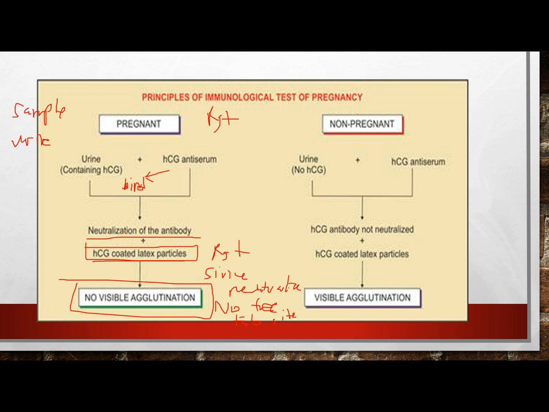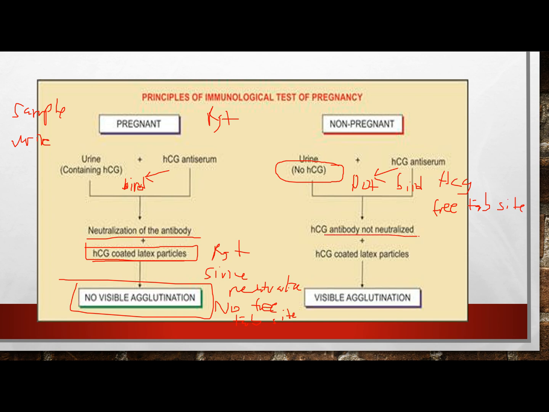What if naman the patient is non-pregnant? So again, if it's non-pregnant, you would use your urine. But this time, if you're not pregnant, there's no HCG. If there's no HCG, class, HCG antiserum will not bind to HCG. Meaning this time there will be free Fab sites of the anti-HCG antibodies.